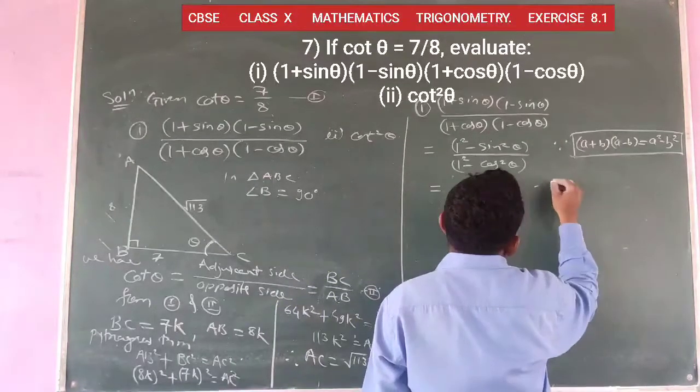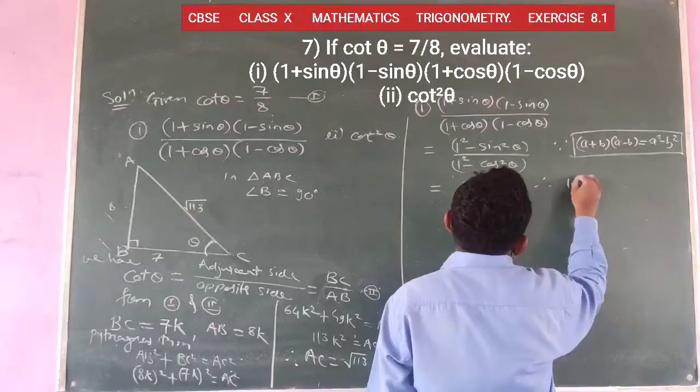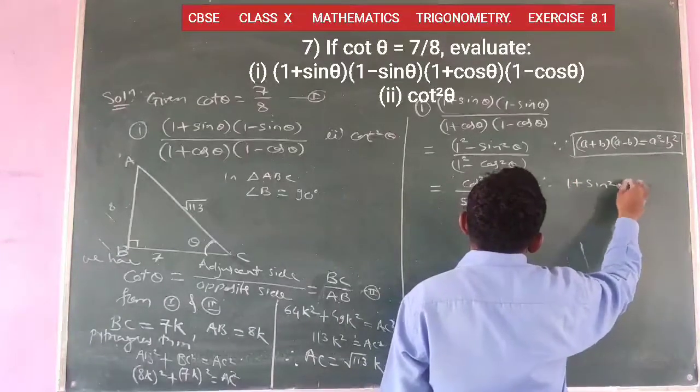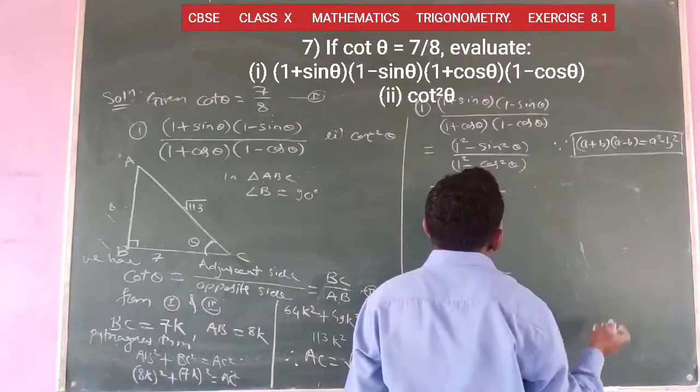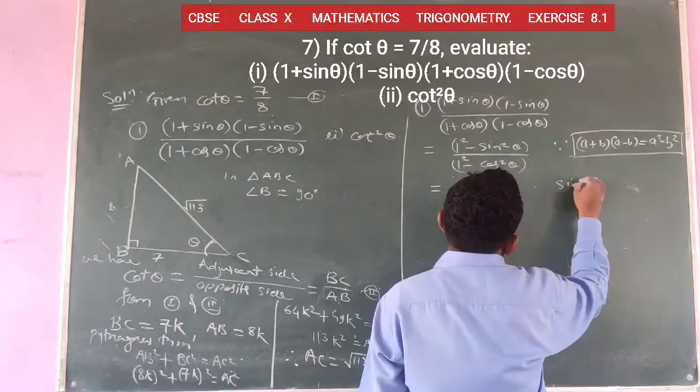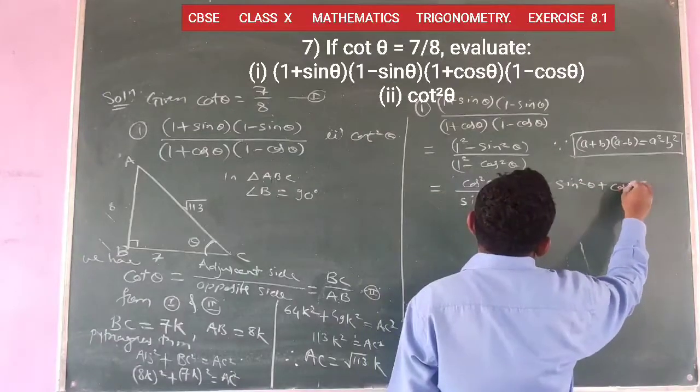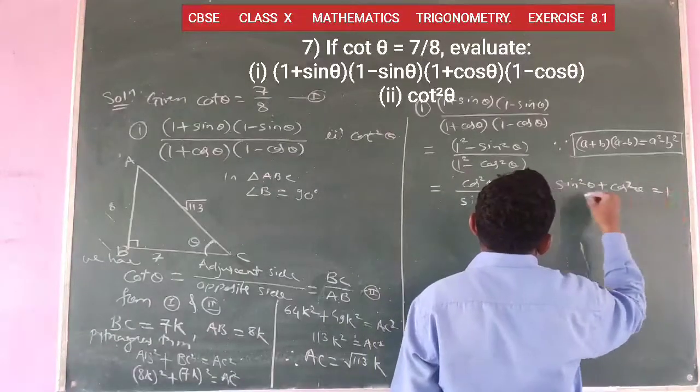By using the identity, what is the formula? Sin square theta plus cos square theta is equal to 1.